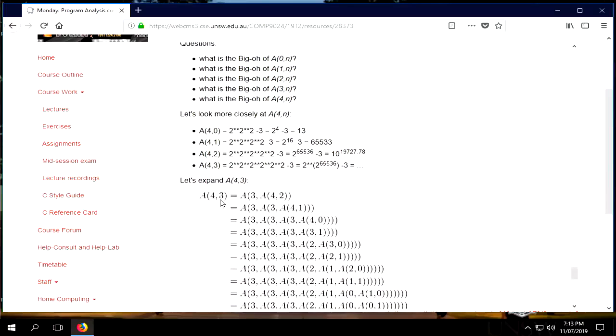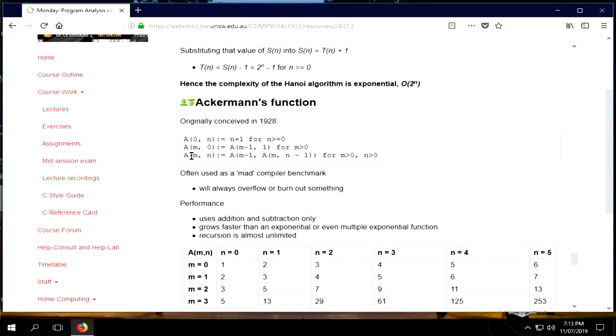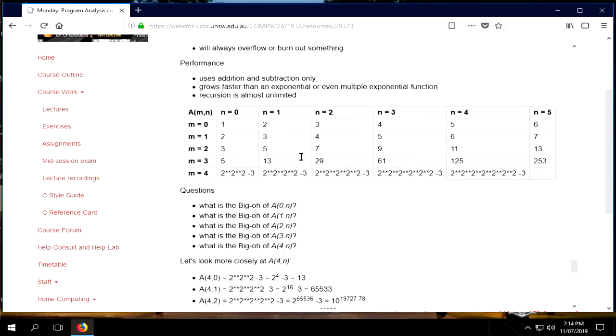So if you look at 4-3, what is going on with 4-3? Look at the recursion. 4-3 is 3, 4-2. Looks harmless.